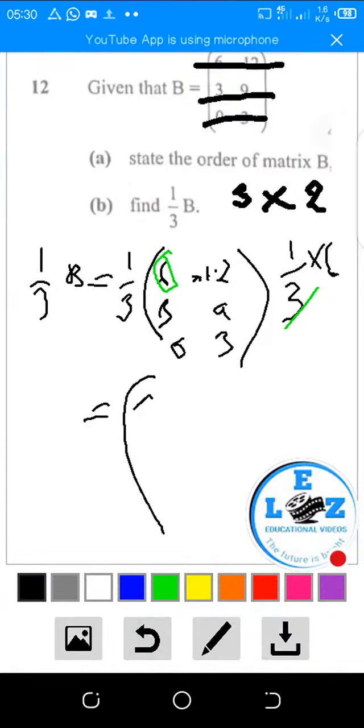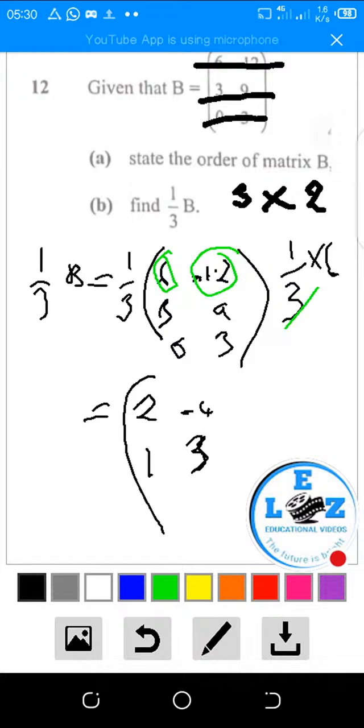Then we divide negative 12 by 3, which will give us negative 4. Then 3 by 3 will give us 1. We divide again 9 by 3, which will give us 3.